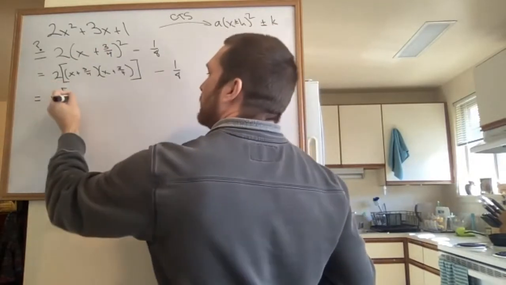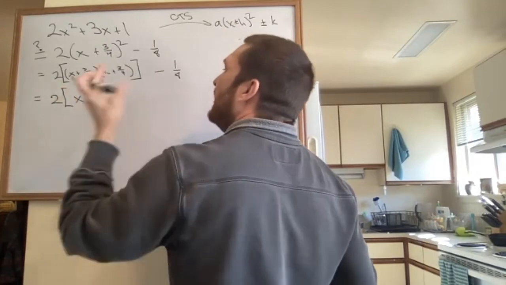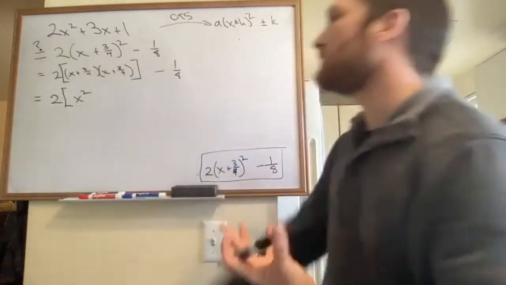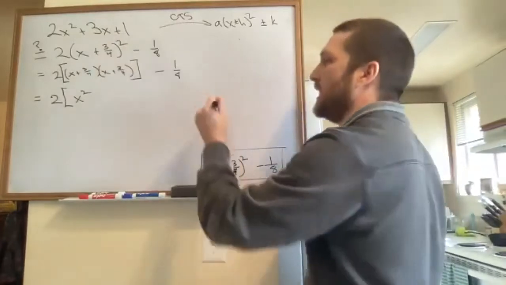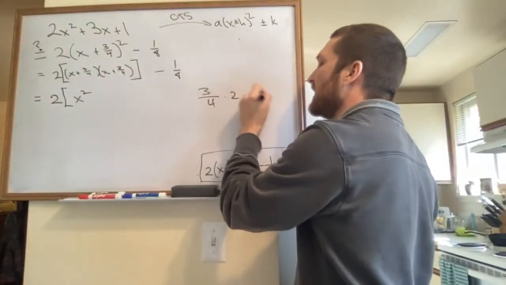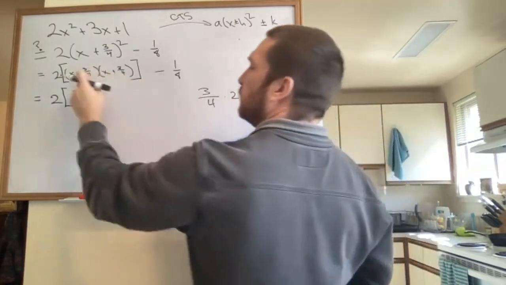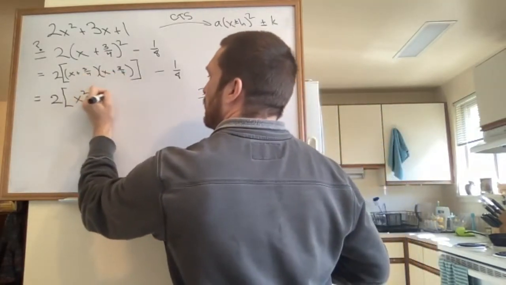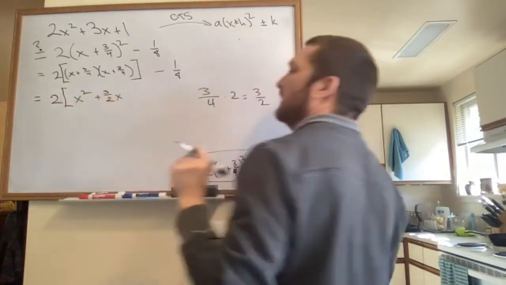First, outer, inner, last. Well, the x is always x squared. Outer inner always turns out to be 2 times that amount. So that's 3/4 times 2, which is the same thing as 3/2. So that's plus, since it's plus, 3/2 x.